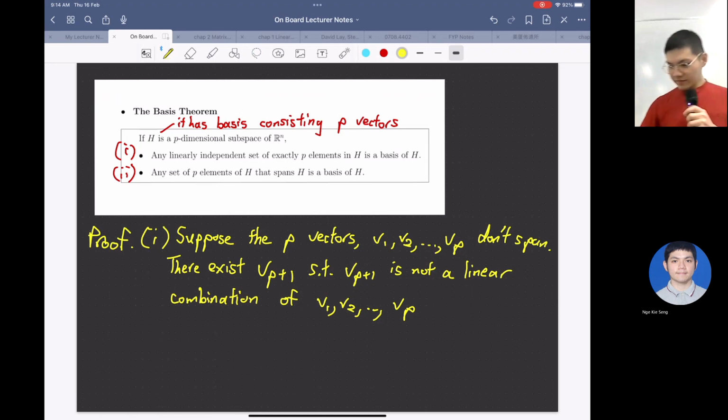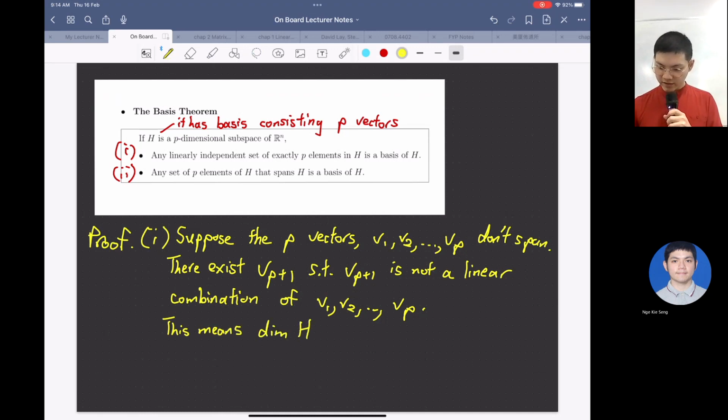Right? Okay. So here we get a contradiction already. This means the dimension of H is greater than or equal to p plus 1, because you already have p plus 1 linearly independent vectors here.